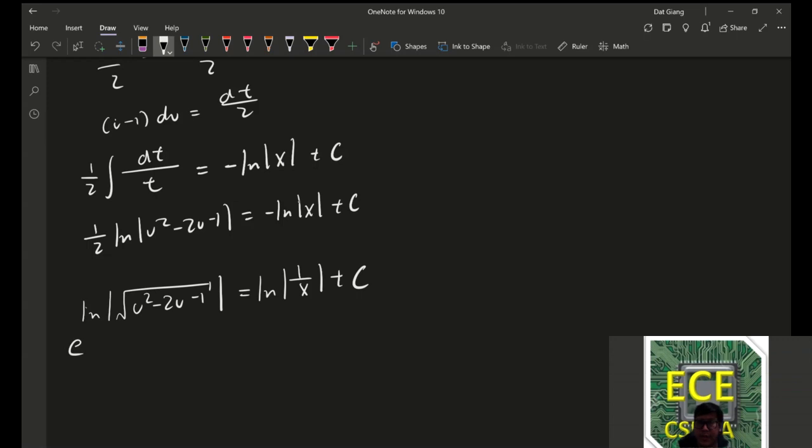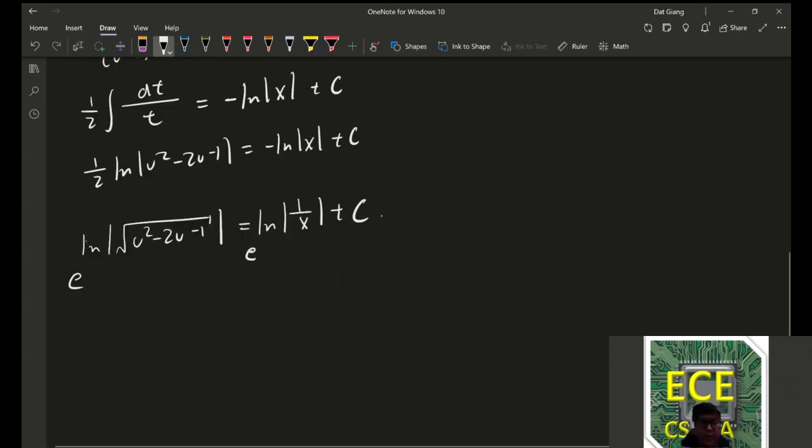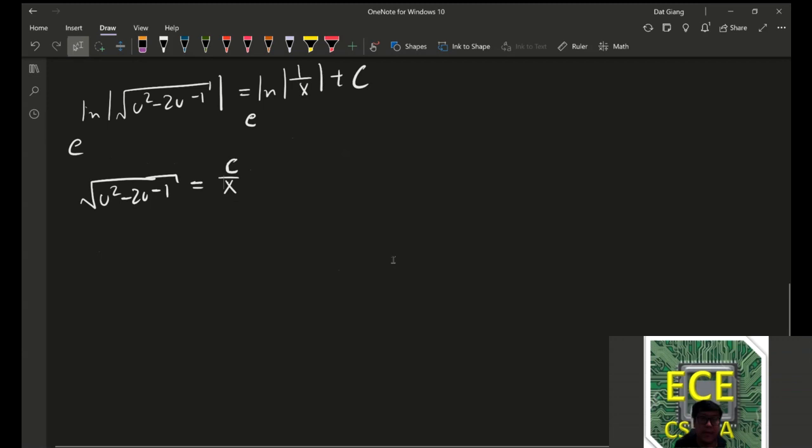When we take the exponential to both sides, we get the square root of u squared minus 2u minus 1 equal to 1 over x times e to the c, which is some kind of constant. So we put c over here. Now, of course, we can then square both sides. We get u squared minus 2u minus 1 equal to c over x squared.